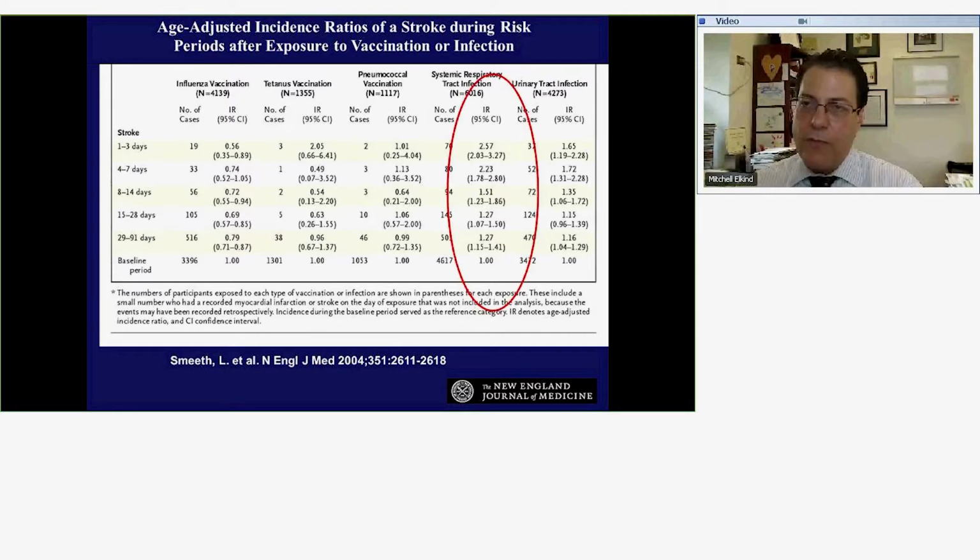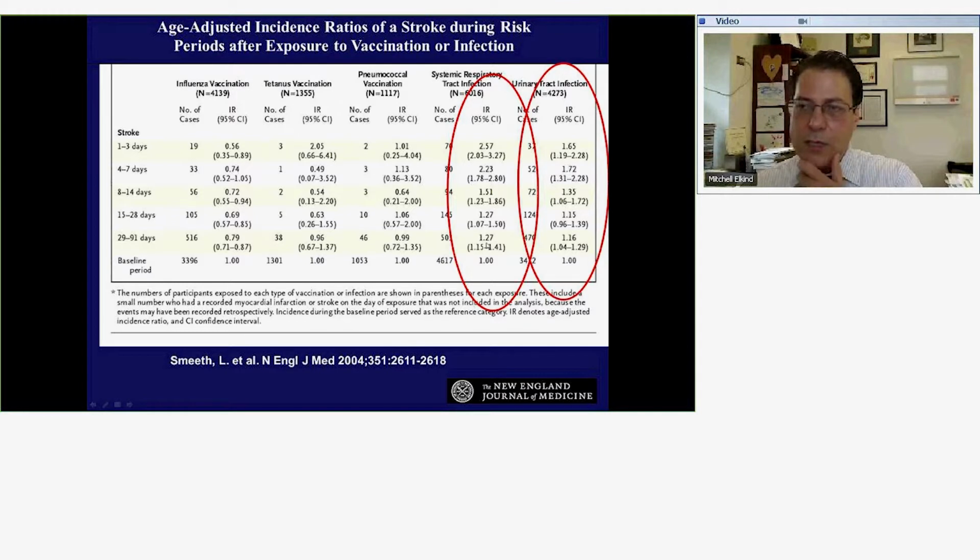They found that respiratory tract infections were associated with an increased risk of stroke. And again, you can see this effect so that the closer you are to the infection, the higher the risk. And it remained increased out to 90 days, but with a much smaller effect size.